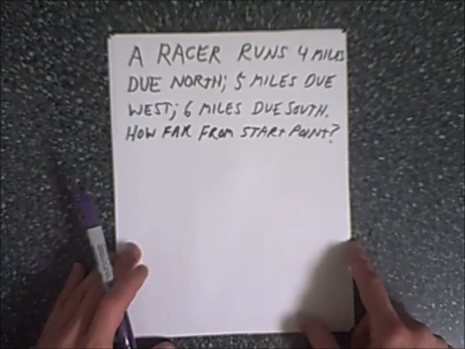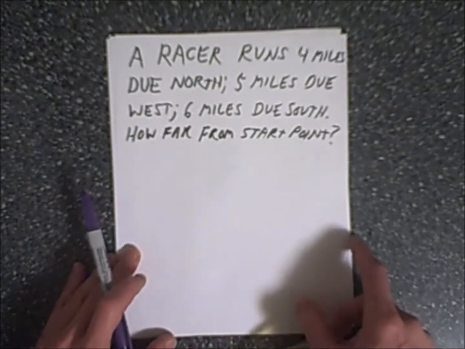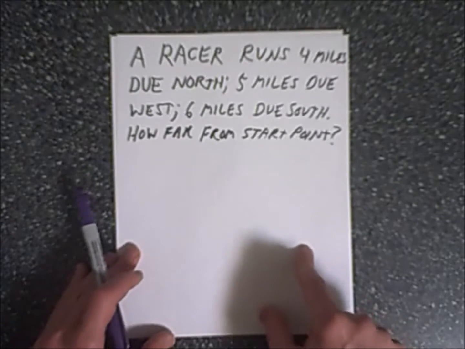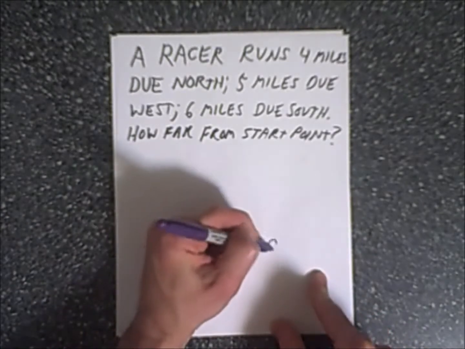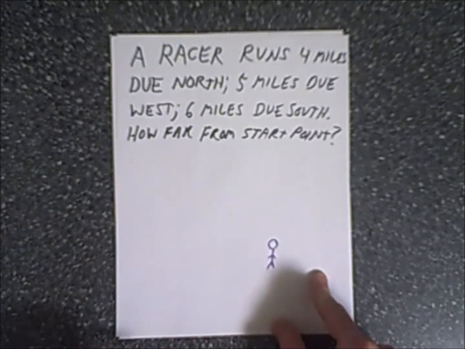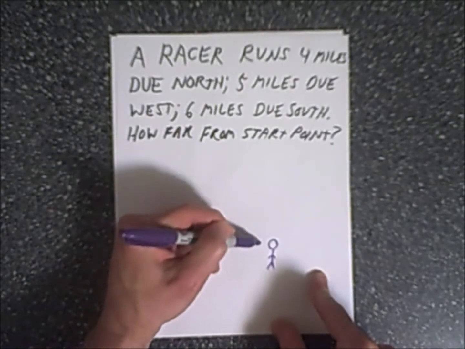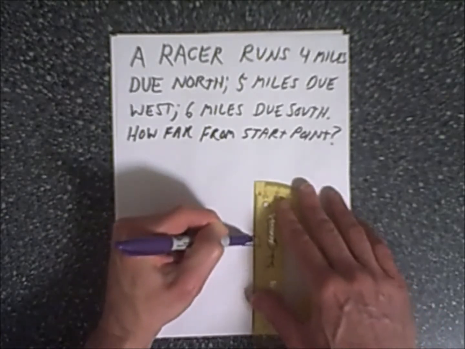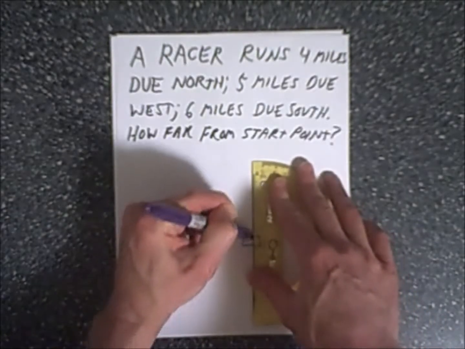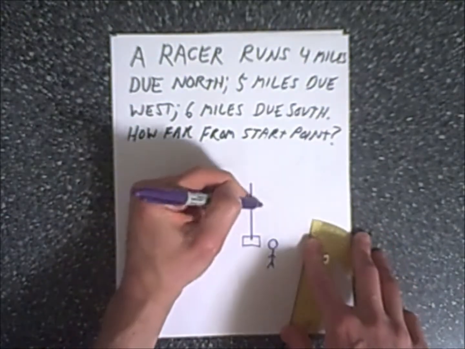So the first thing I like to do with any word problem is to draw a picture, and maybe even put a formula down. So let's draw a quick sketch. So we have our runner right here, and he's going to start here at the starting point and go due north 4 miles.